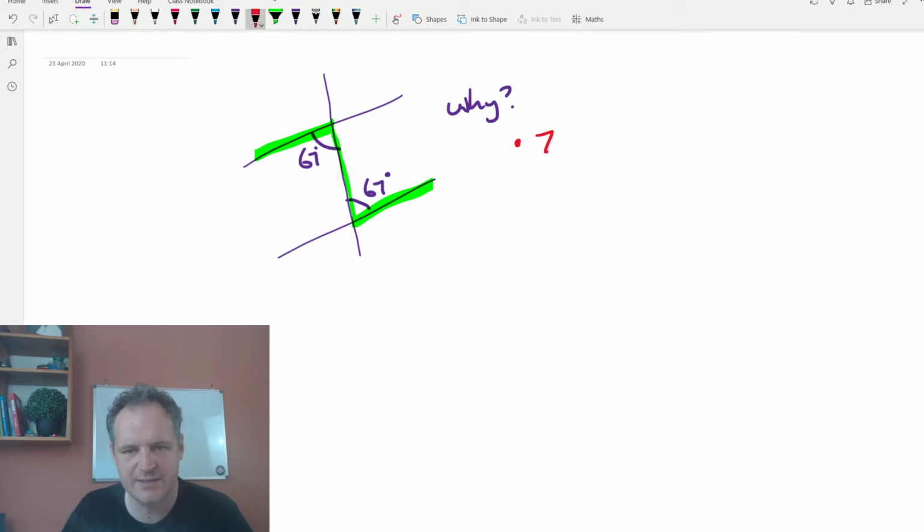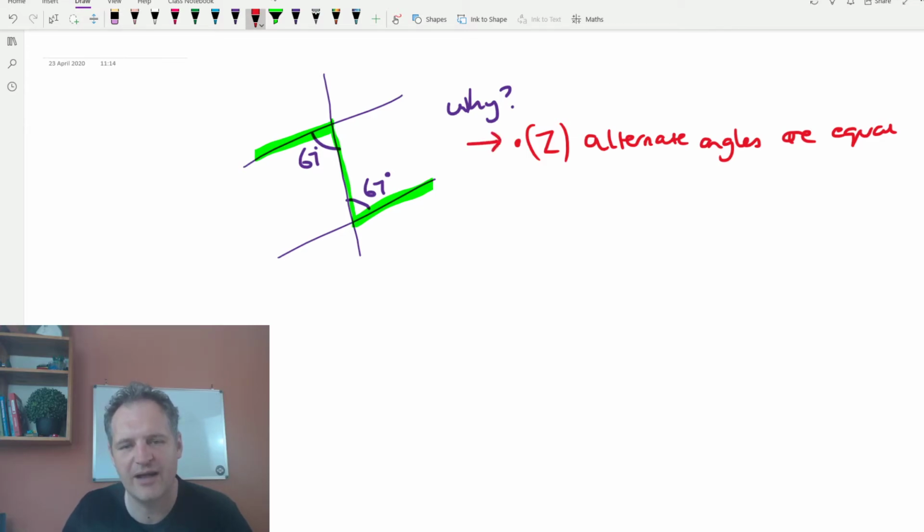So the Z tells me that they are alternate angles, and alternate angles are equal. Notice how doing the questions this way round first of all focuses us on the fact that we have to give a sentence for our answer, not a number. The number is not the main thing. The main thing is the sentence that is telling you why.